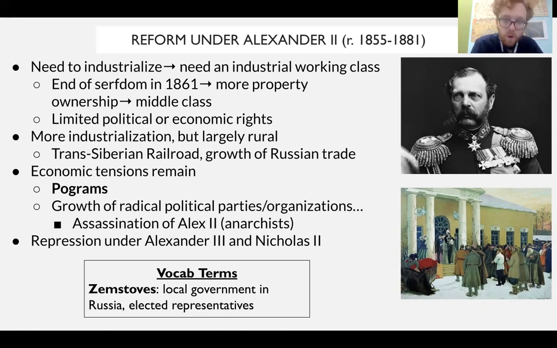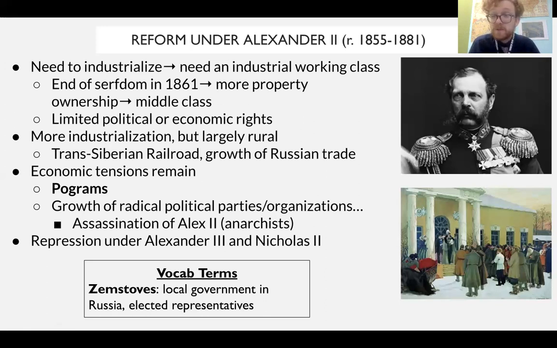However, Alexander won't expand political rights, unfortunately. We are going to see some degree of local autonomy in the form of zemstvos. These are basically local councils made up of peasants. But beyond the zemstvos, peasants don't really have any political rights in the Russian Empire.